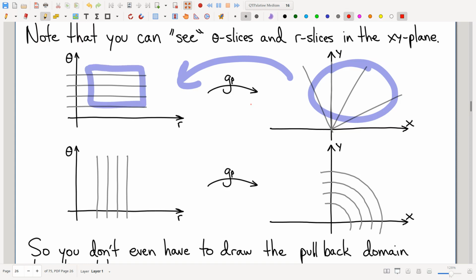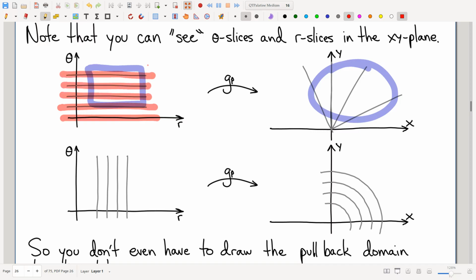Notice, as I do theta slices, each one of these theta slices represents a constant value of theta. Each slice represents a single constant value of theta. Well, I know what those look like over in the xy plane. A single constant value of theta. Each one of those looks something like this.